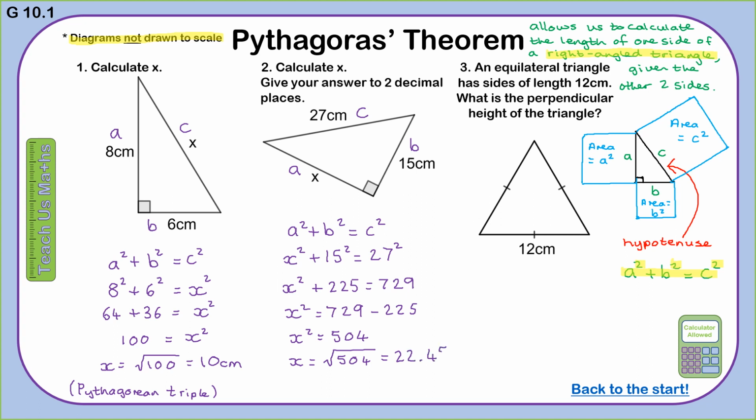And my units are centimetres. So the missing length in our triangle is 22.45 centimetres to 2 decimal places. Again, we can see that this is reasonable because the hypotenuse is 27 centimetres and the other two sides must be smaller than that.